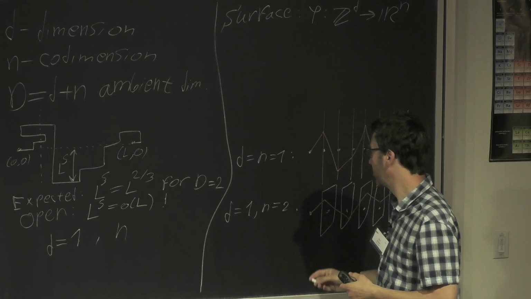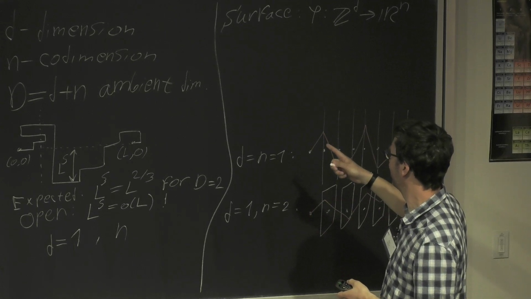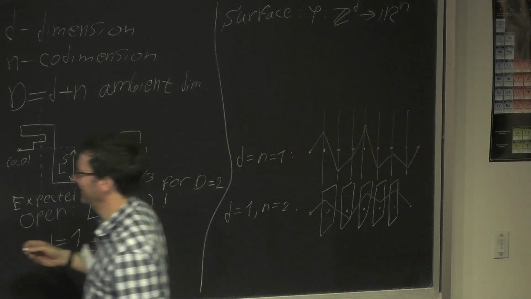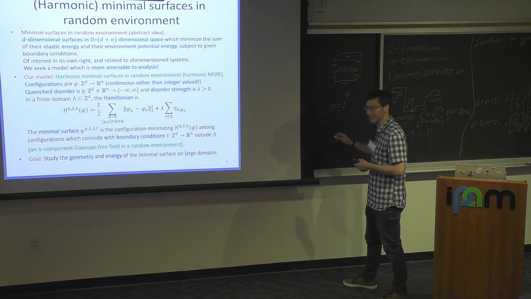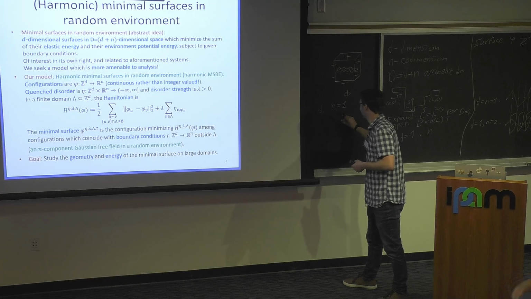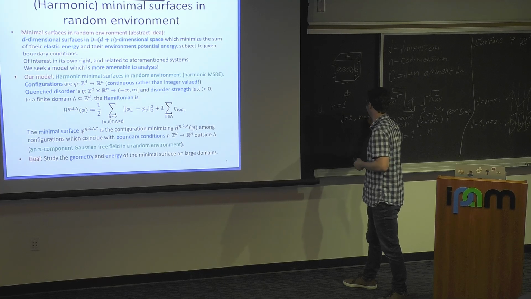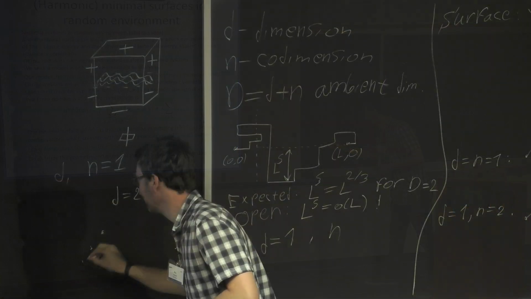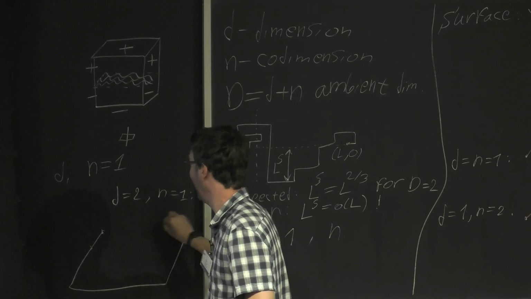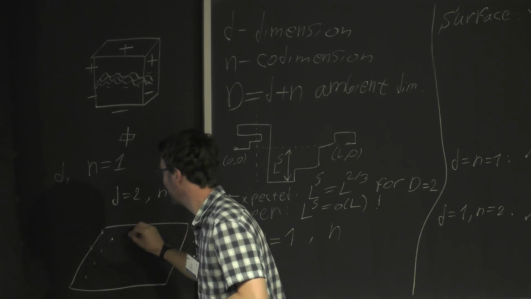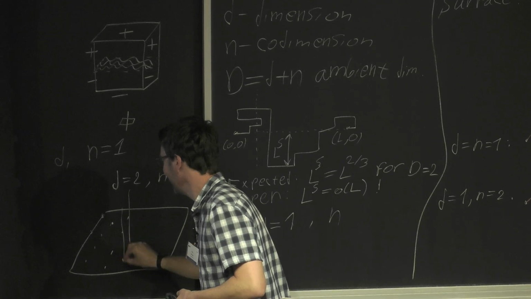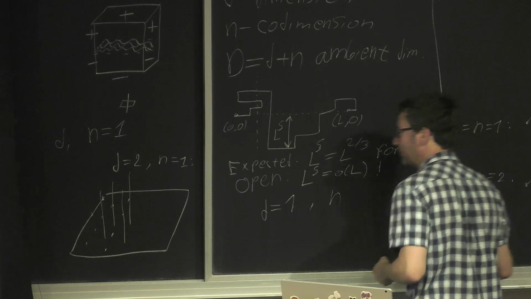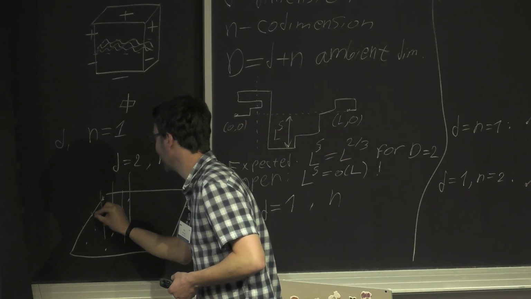If we are in d equal 2 and n equal 1, I don't know if you will see it if I write on the bottom here. So I take a 2-dimensional box, and at each vertex of the box, I put such a line, and then my function chooses a height on each of these lines, and in this way it forms a surface.